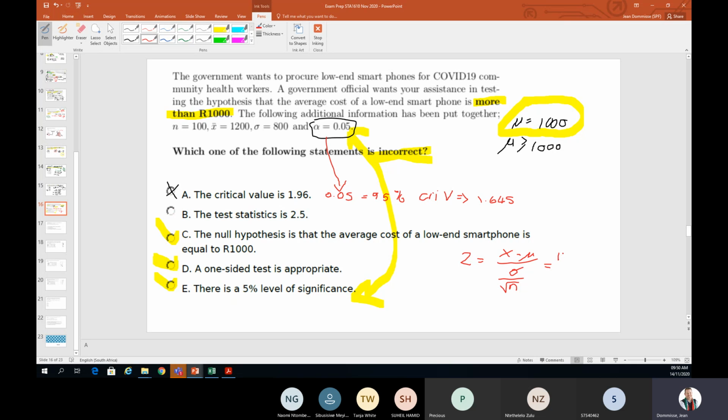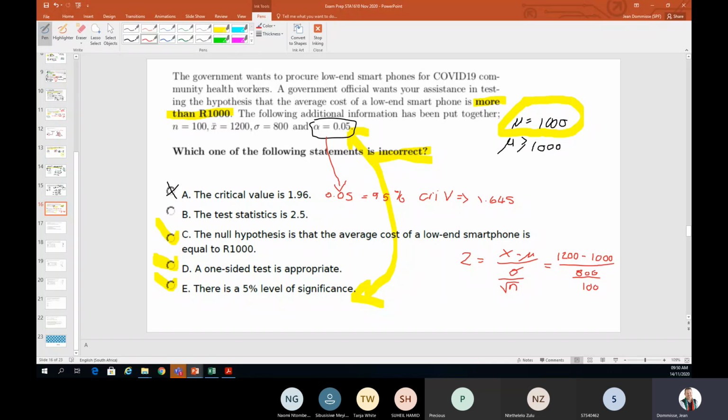The standard deviation is 800, n is 100.